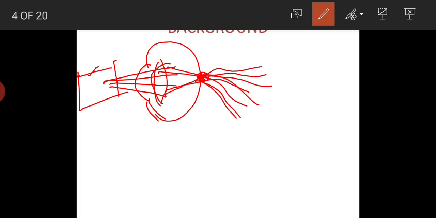After falling on the eye lens, these light rays will exactly meet on the retina, and exactly on the retina image formation takes place. Whenever an image forms on the retina, one of the nerve fibers gets activated and transmits a signal to the brain, and in the brain this signal will be processed and the brain will detect the object. So this is how the eye works.